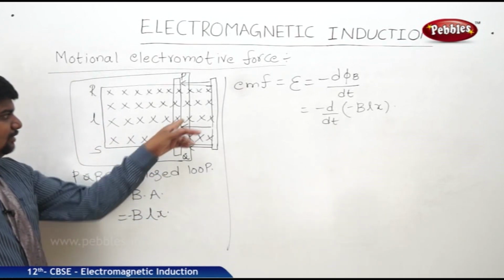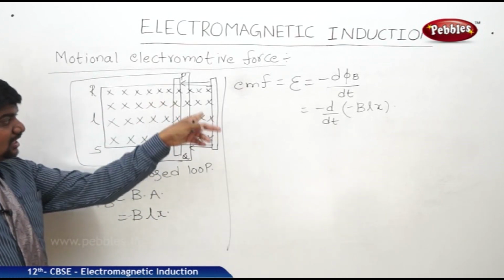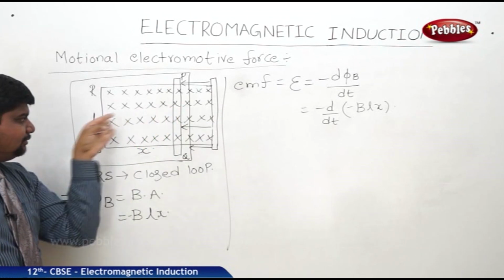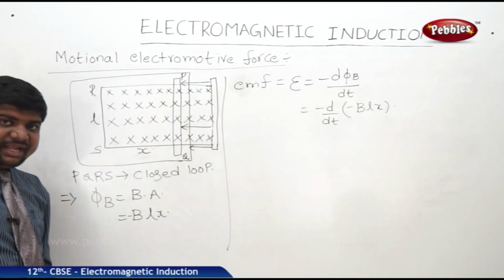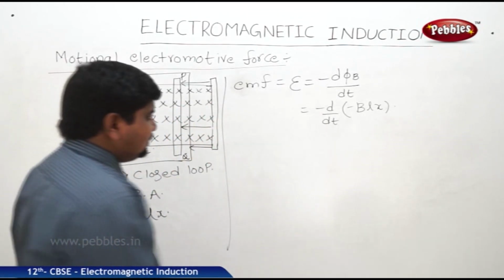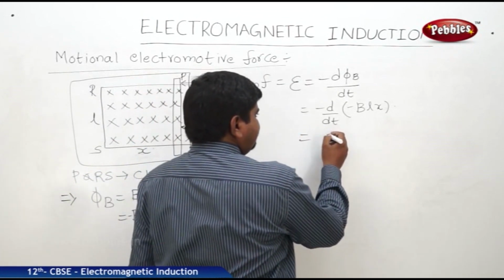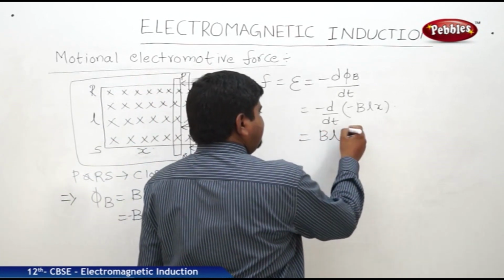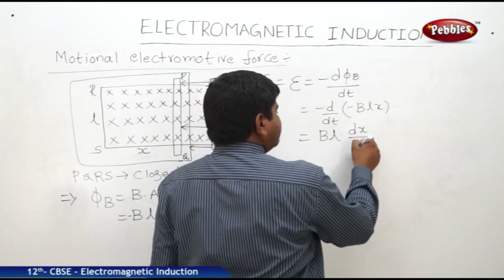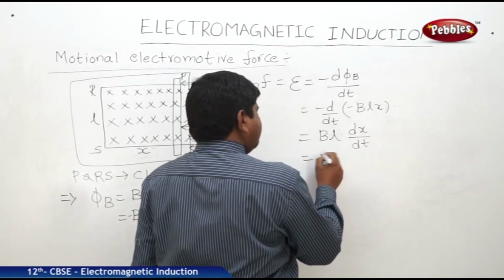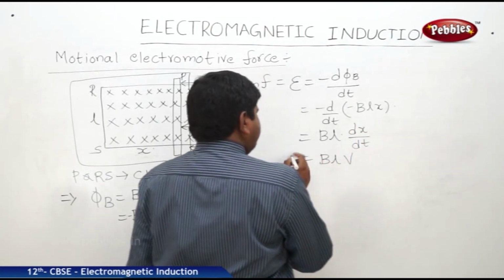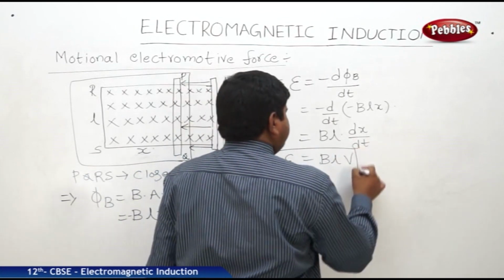Why minus? The amount of work done to overcome the force of repulsion while it is coming towards the RS segment of the magnet. That's why minus. Therefore, minus into minus plus, we can write BL into dx by dt. Therefore, it is BLV. It is the EMF expression.